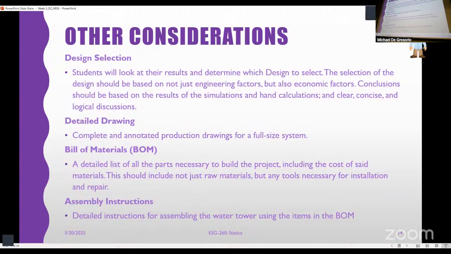I will also point out that this is a very open-ended project on purpose. There's a lot of stuff that you guys are going to have to make decisions about in the design, that you have to justify. So how do you justify it? Facts and data.